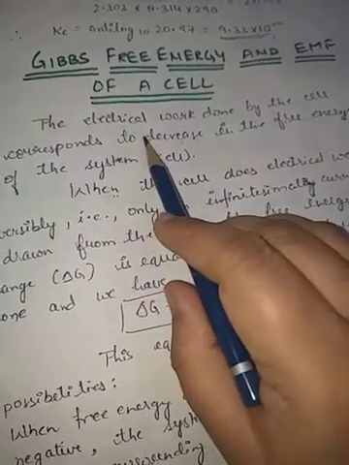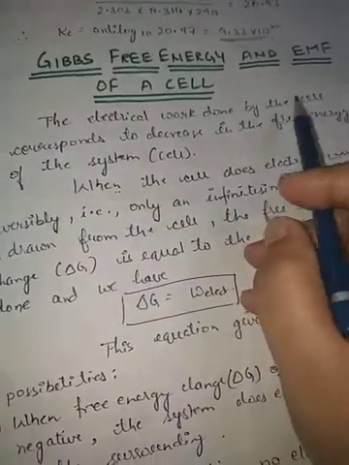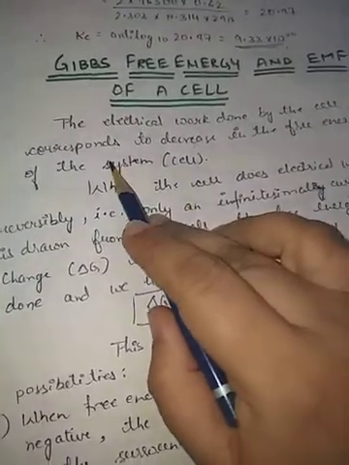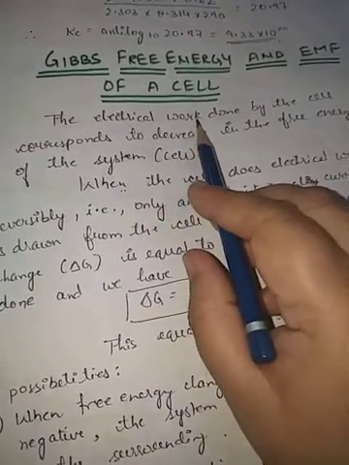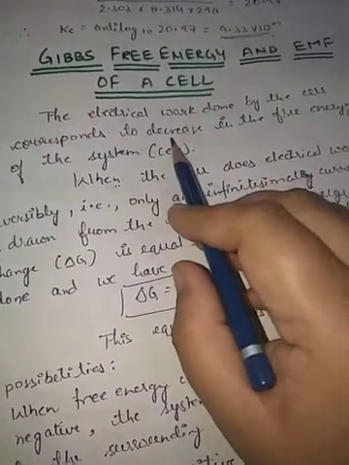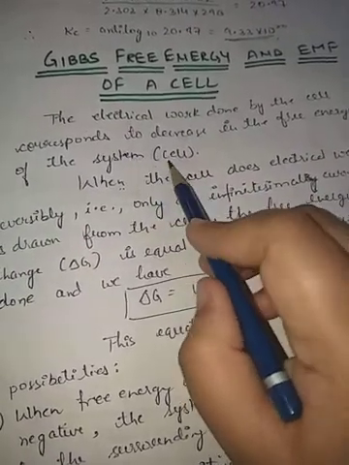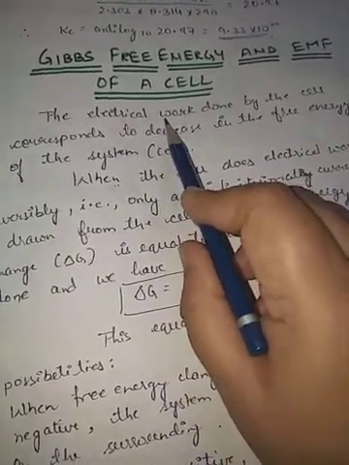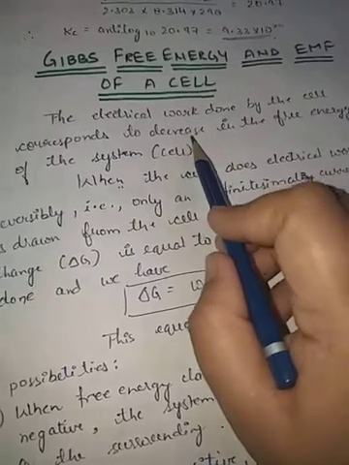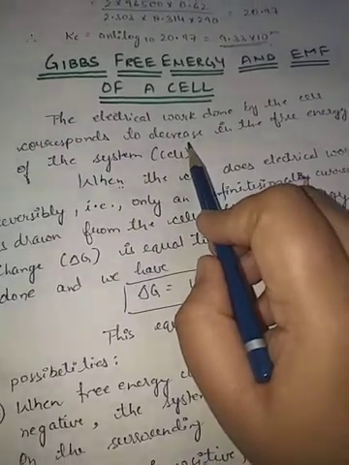The electrical work done by the cell corresponds to this: if work is done by the cell, it means there is a decrease in the free energy of the system. System means cell here. If electrical work is done by the cell, it means free energy is decreased.